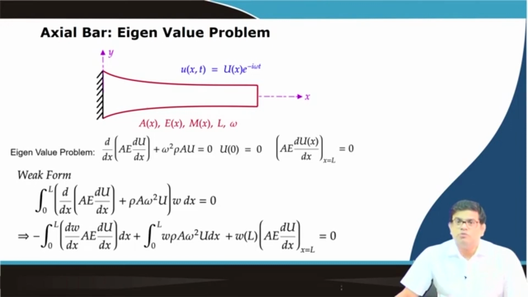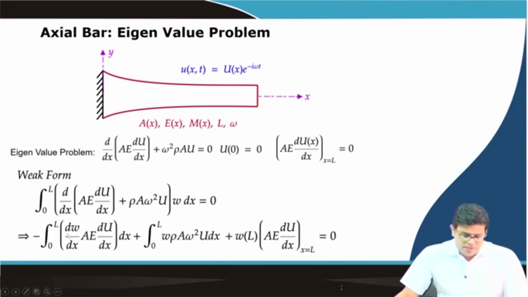Without that it will not happen. So in case of an experimental analysis, if you try to find out mode shapes and natural frequencies, you have to initially disturb the system, then allow it to go to the free vibration or steady state solution. We are interested in the steady state solution.